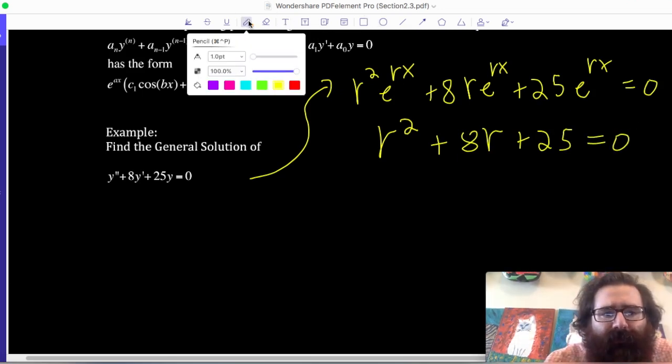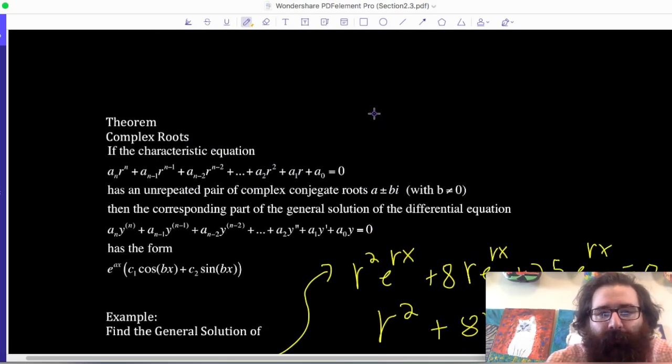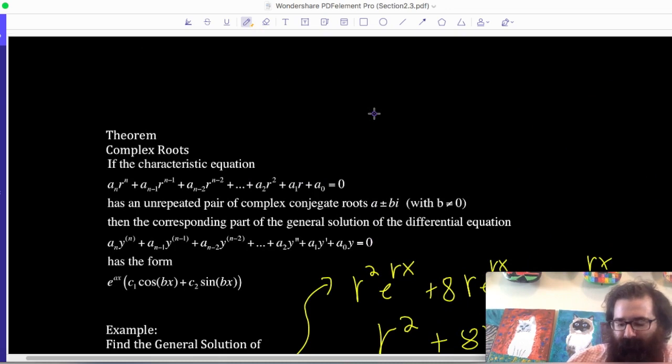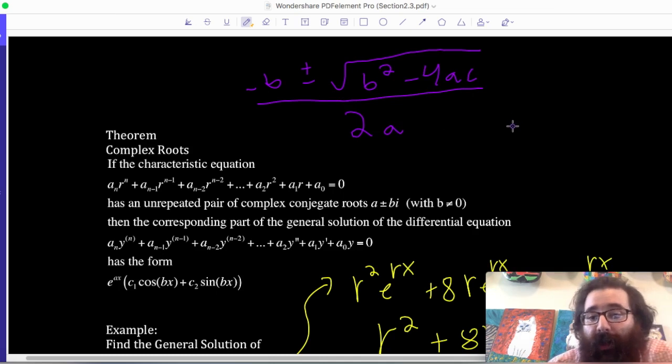Well, you could probably do some fancy algebra tricks, but I think there's nothing better than the quadratic formula. I'm going to write it up top here. Negative b plus or minus the square root of b squared minus 4 times a times c, all divided by 2a. And if there's a song that you have to remember it, then sing it to me. I'd like to hear you sing it.